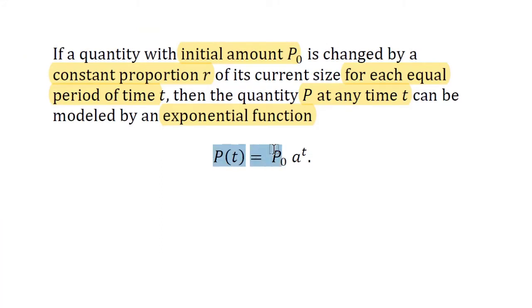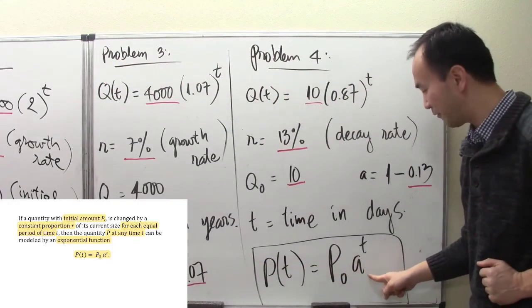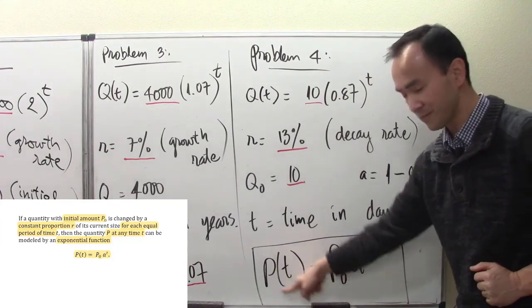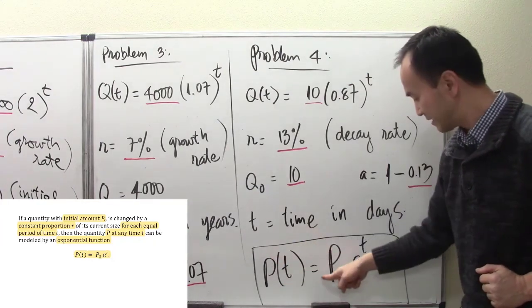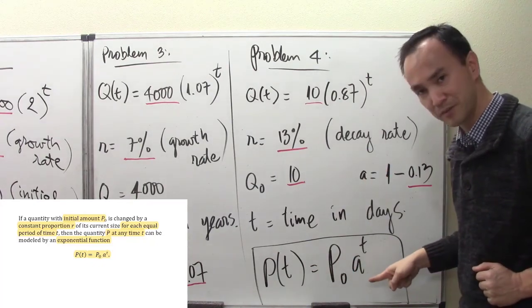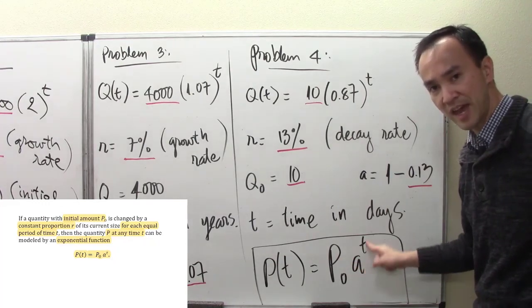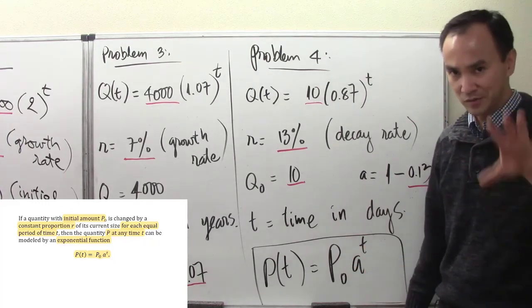So this is exactly the form I wrote down on my board just earlier. That is this particular form right here: some quantity at time t equals p sub 0, which you're seeing in that corner of the computer screen, multiplied by some base a to the t. Okay, so that's the generalization.